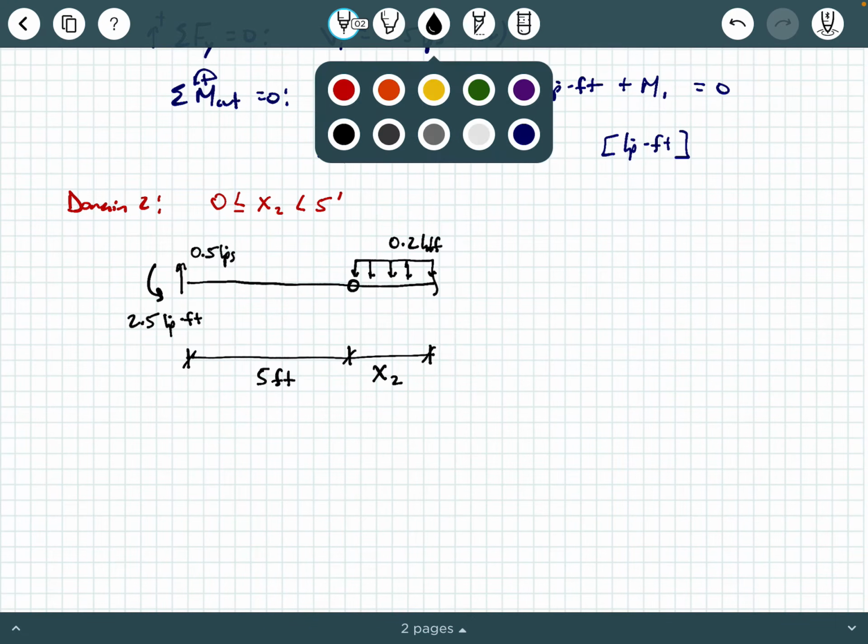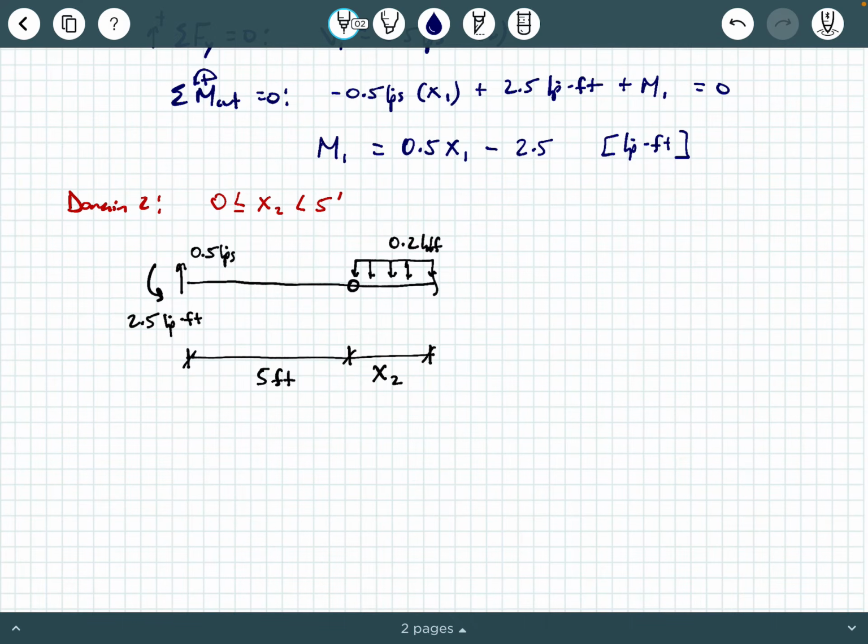So we can draw our loads. They're going to become visible here. Here's V2. Here is M2. And we can apply equilibrium equations to this free body diagram. We're going to say sum of the forces in the y direction equals 0.